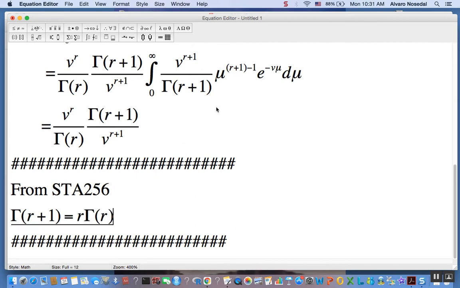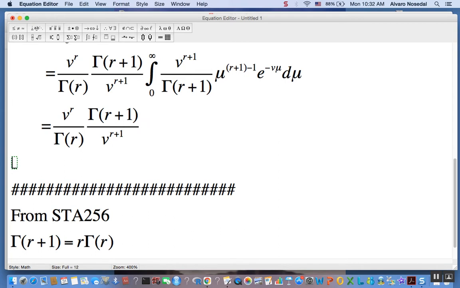That's a property of the gamma function. So let's use that property to simplify this.